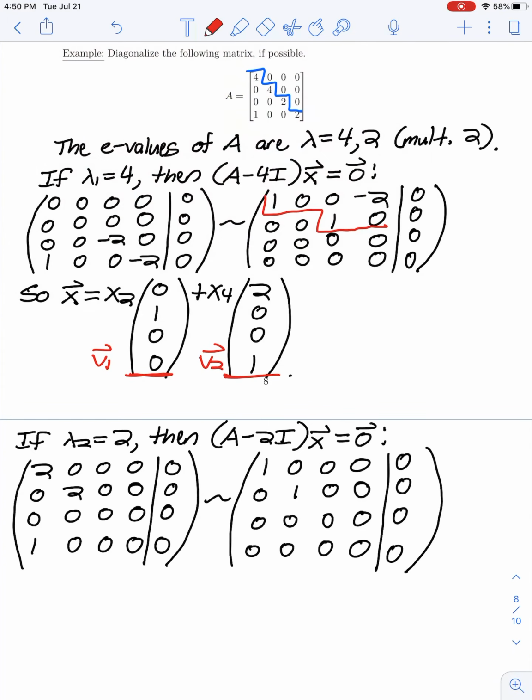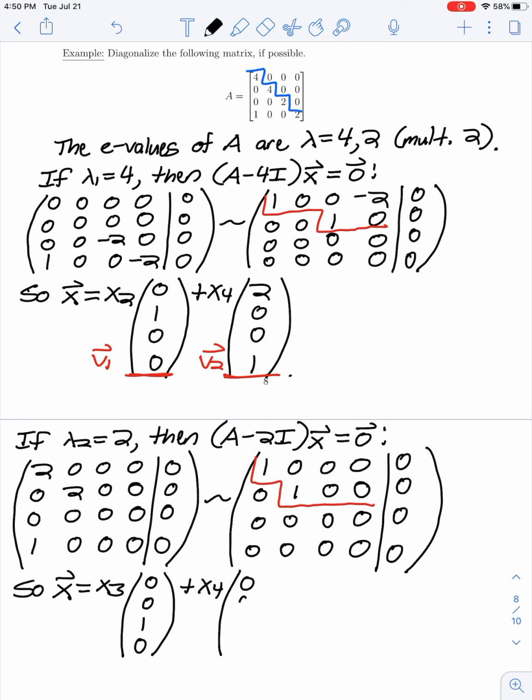So we see from our first 2 rows of this matrix that x1 and x2 are both 0, and then x3 and x4 are free variables. So any solution of this system, x, has the form x3 times 0, 0, 1, 0, plus x4 times 0, 0, 0, 1, where x3 and x4 are free.